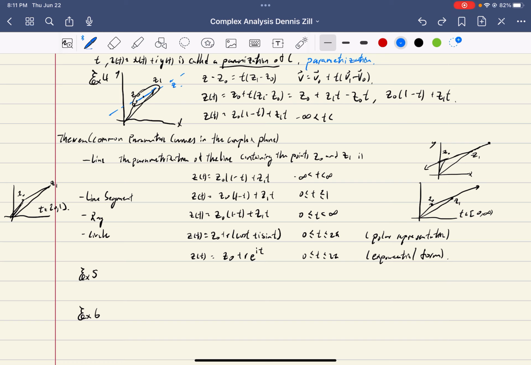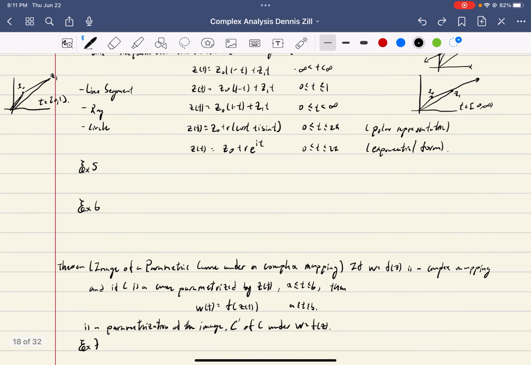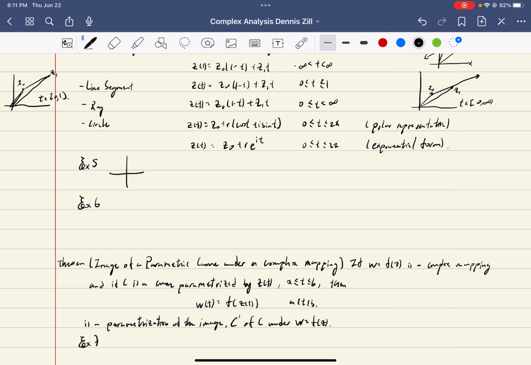And well, now, for example, restricting the values of the parameter t, for these two, setting z0 equal to 0 and r equal to 1, you should expect a circle, right? This is z0 equal to 0 and radius 1. So you expect something like this, right?